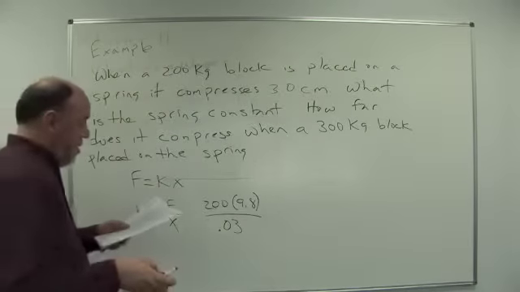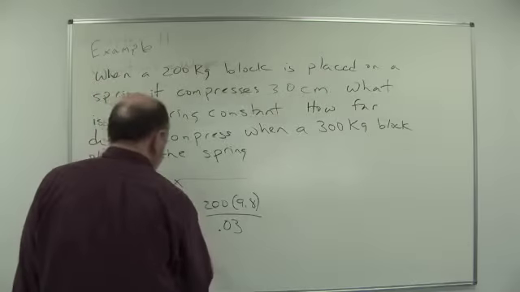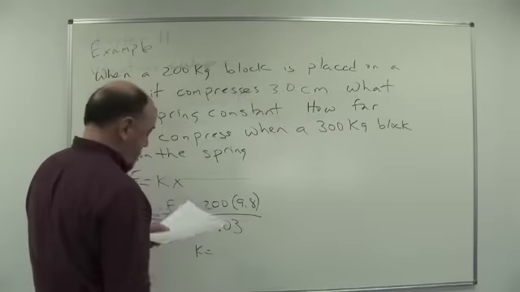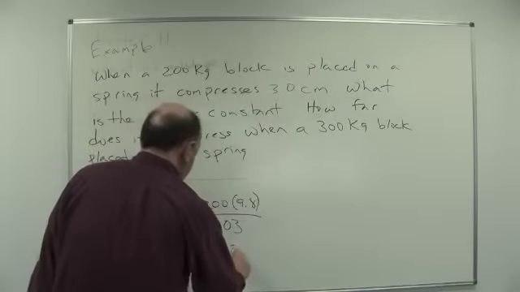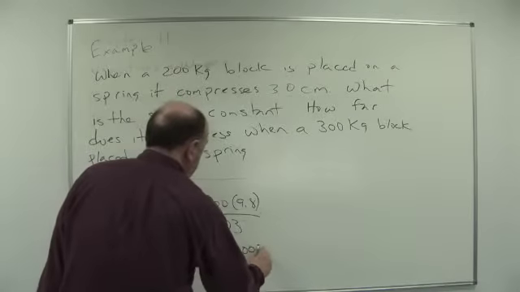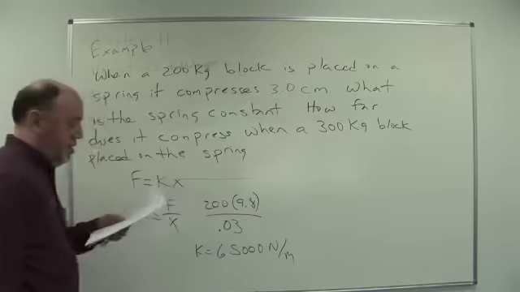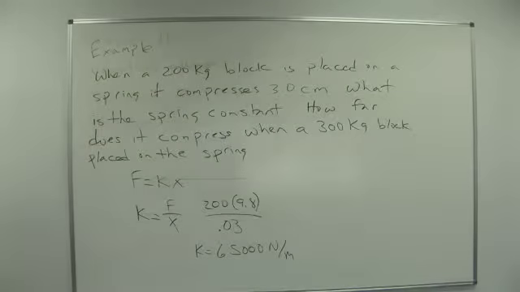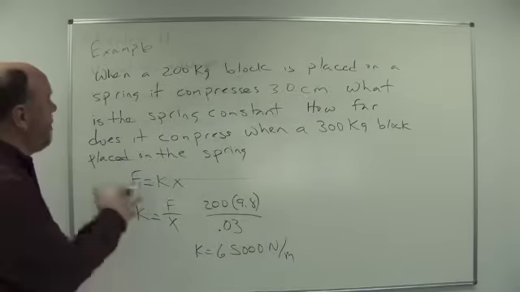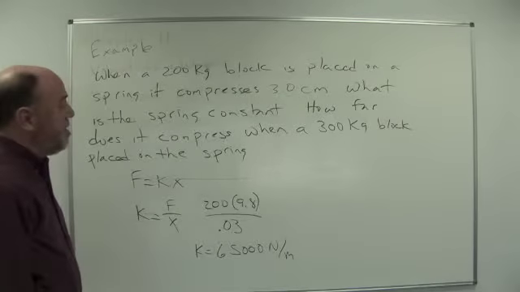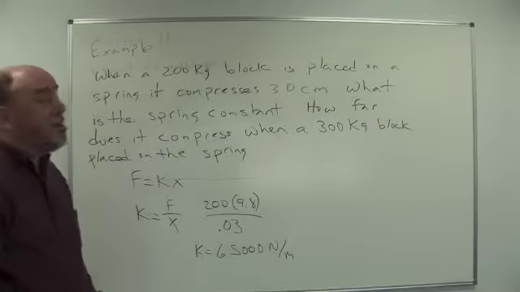And so the K value for my spring ends up being 6,500 newtons per meter. So that's the K. And basically K is a value that tells you how stiff that spring is. This is sort of a spring that you think of for your car.